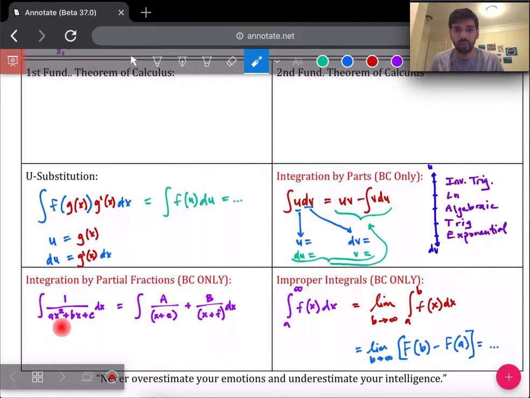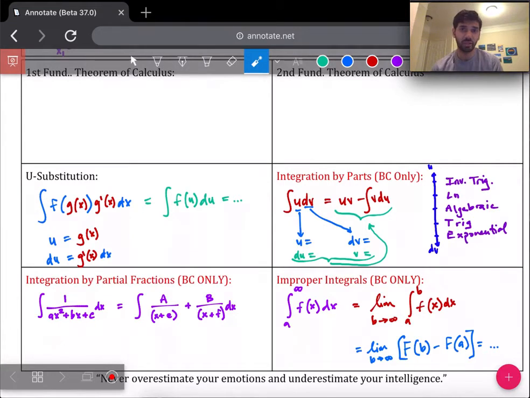Integration by partial fractions, this is probably the most that I can put in this box, just so you know how to recognize partial fractions if it does show up. We usually have some constant over a polynomial that can be factored into two different factors, and you have to figure out what a and b are.